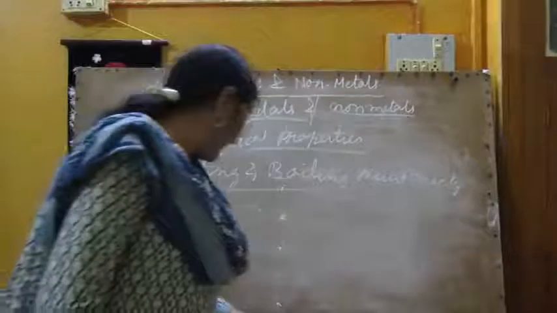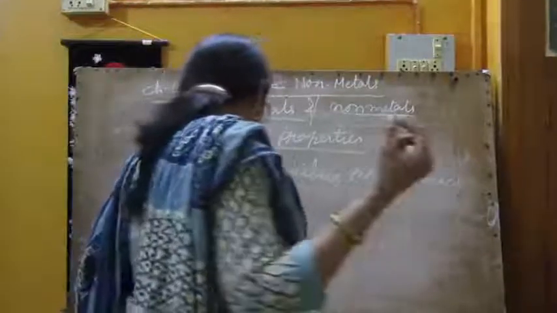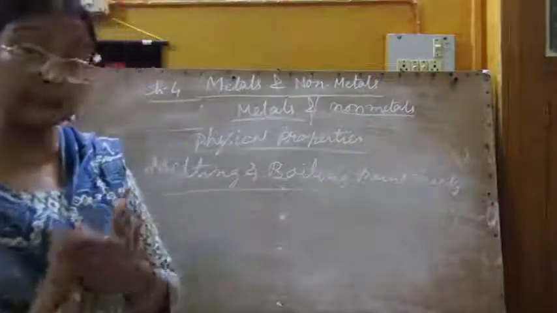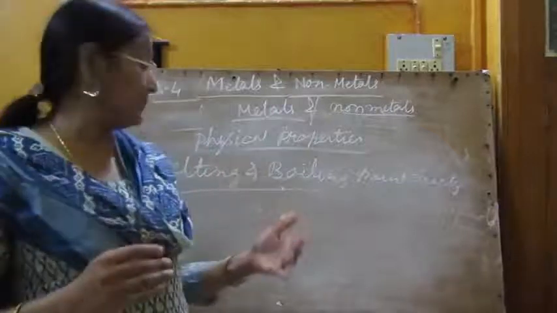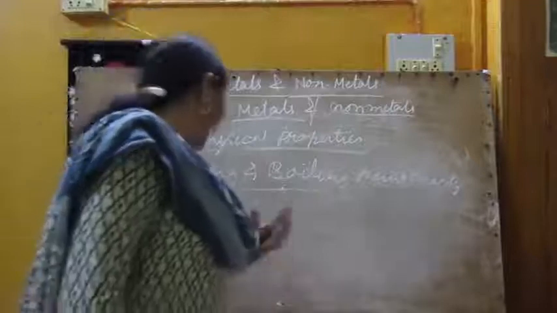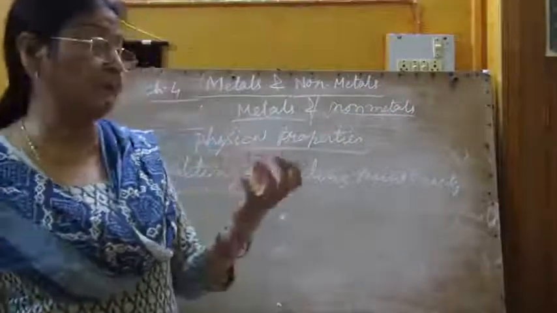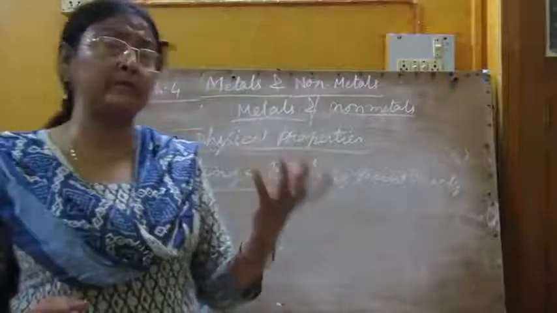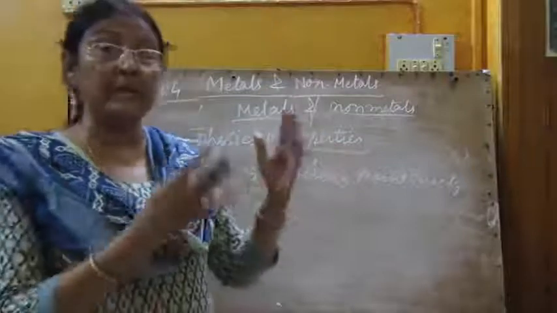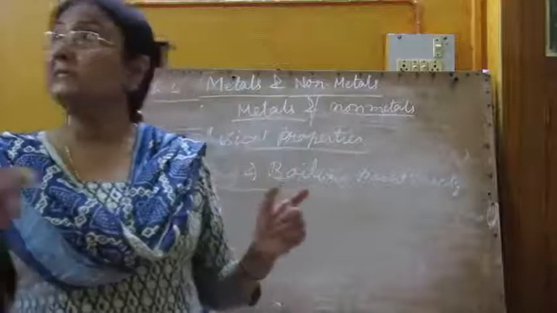Before explaining the chemical properties, let me explain one thing. Why do metals become dull but regain their luster on rubbing? Why do metals get dull? Suppose you take copper or any silver jewelry.